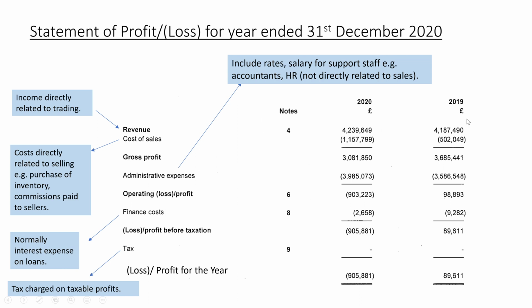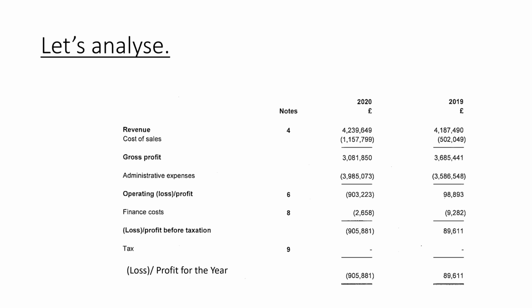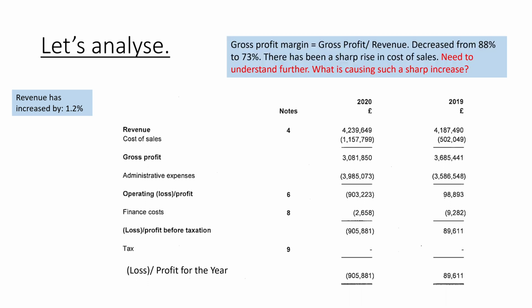We also present prior year results as well, and we can use that to do a bit of analysis, which we're going to do on the next slide. So let's analyze further what's going on with this business. So revenue increased only marginally, I think 1.2%. Now, gross profit, I haven't mentioned gross profit.